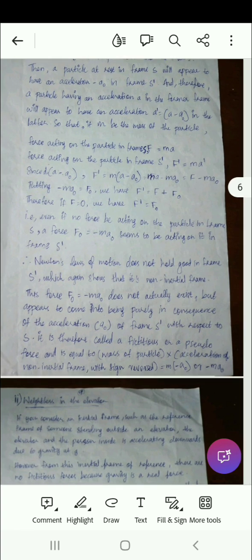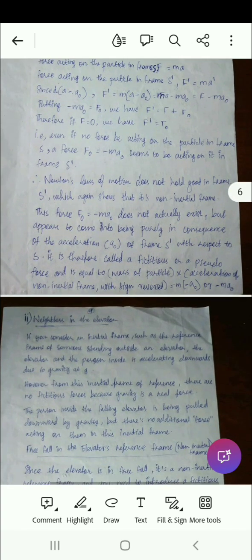This force f0 equal to minus ma0 does not actually exist but appears to come into being purely in consequence of the acceleration a0 of frame S dash with respect to S. So it is called a fictitious or pseudo force, and it is equal to the mass of the particle into the acceleration of the non-inertial frame with sign reversed. So here m into minus a0, which is minus ma0.